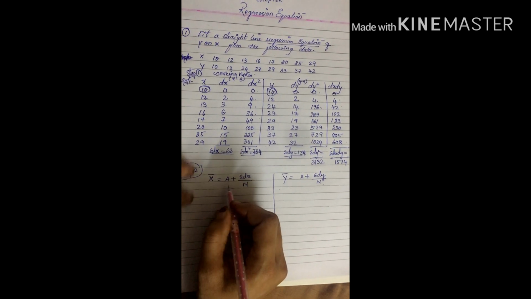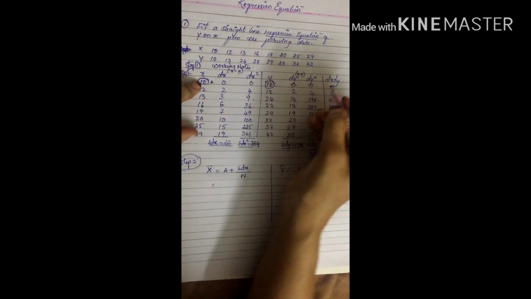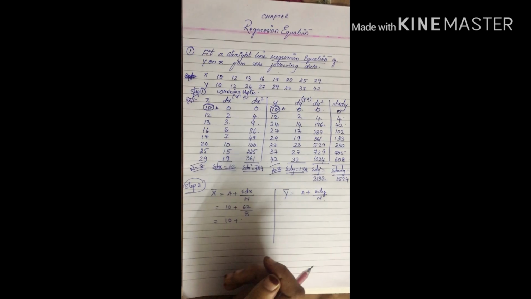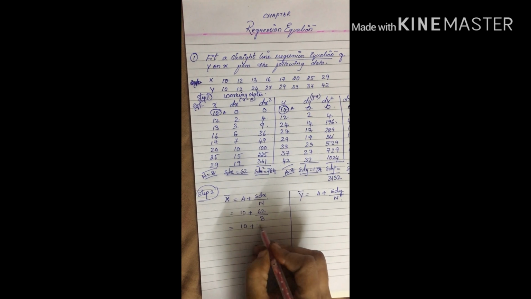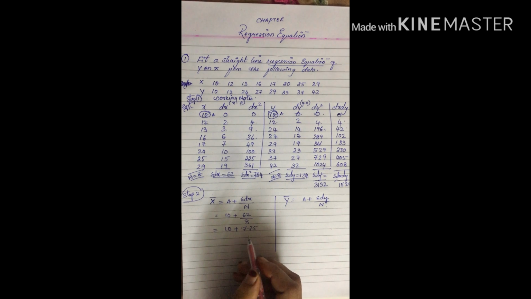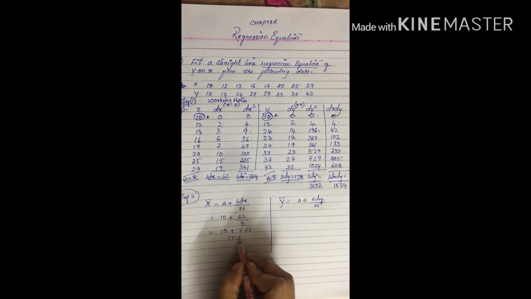So what is the value of a in x? It's 10, and in y it's 10. So 10 plus sigma dx 62 by 8 is nothing but 7.75. So 10 plus 7.75 is 17.75.